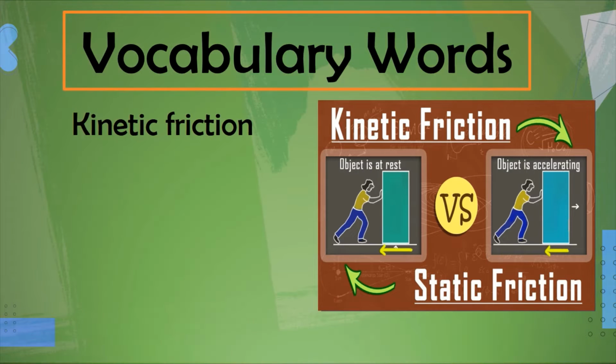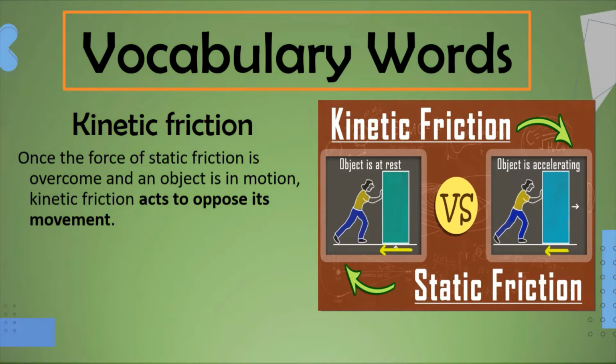On the other hand, kinetic friction happens when the static friction is overcome and an object is in motion, the one you can see on the right picture. Kinetic friction acts to oppose its movement. So if the object is pushed to the right, the kinetic friction will oppose it and go to the left.